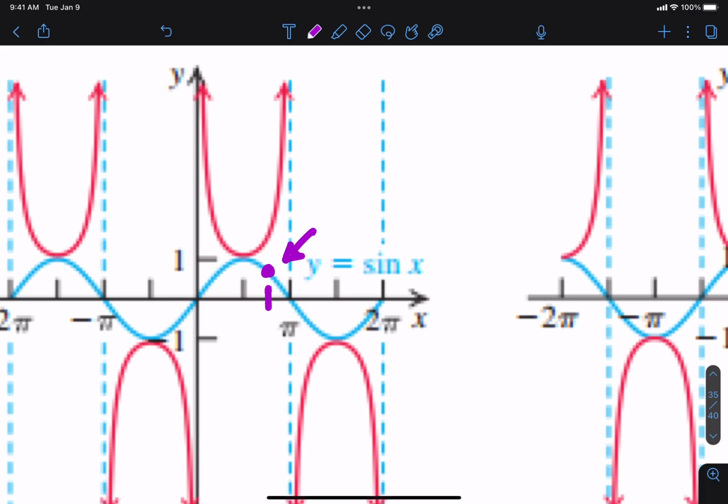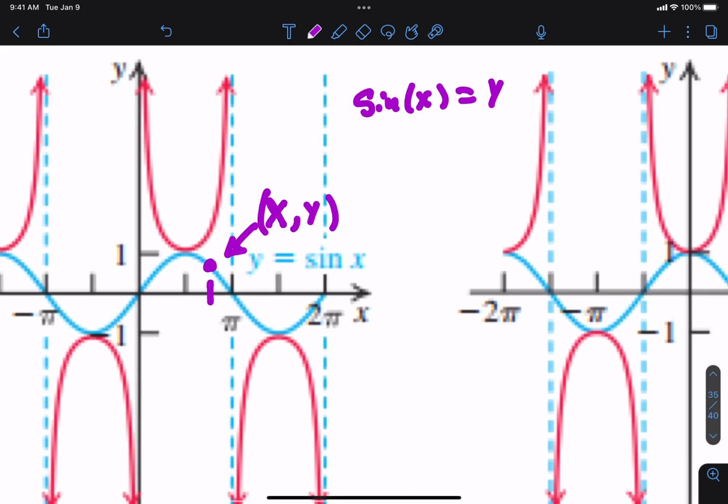If this point has x, y, then sine of x is equal to y, yes? So what would cosecant of x be equal to? Not y, but 1 over y, which is 1 over sine x.